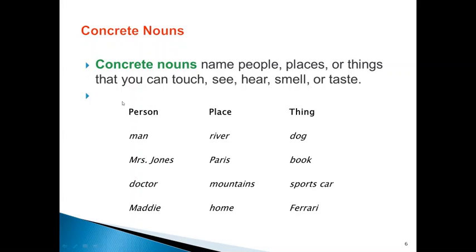names of people, and we should know that the singular form, for one, we will say person. So we have one example for the concrete nouns as person.